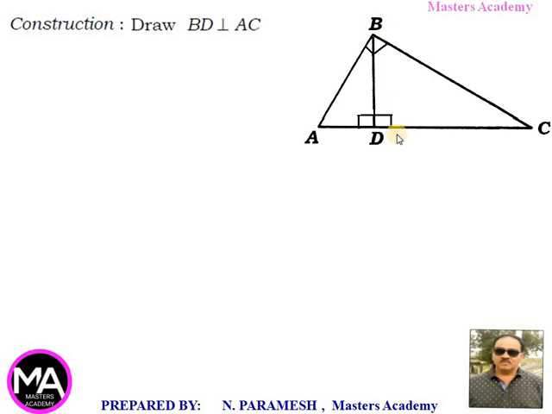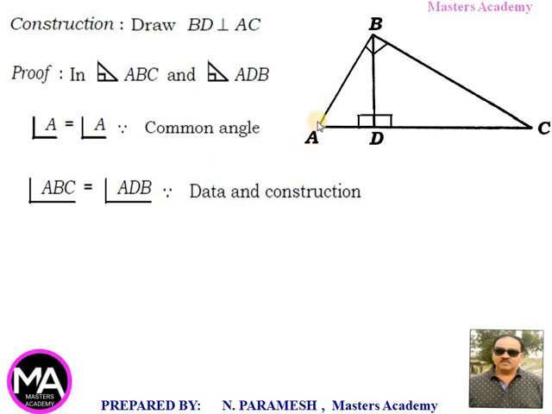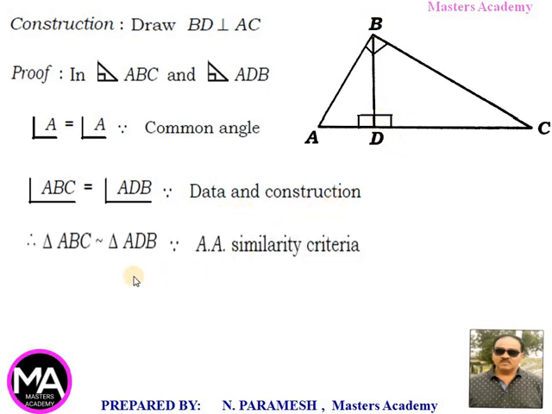Construction: draw BD perpendicular to AC. Proof: in triangle ABC and in triangle ADB, angle A is equal to angle A, that is common angle. Angle ABC is equal to angle ADB is equal to 90 degree, data and construction.